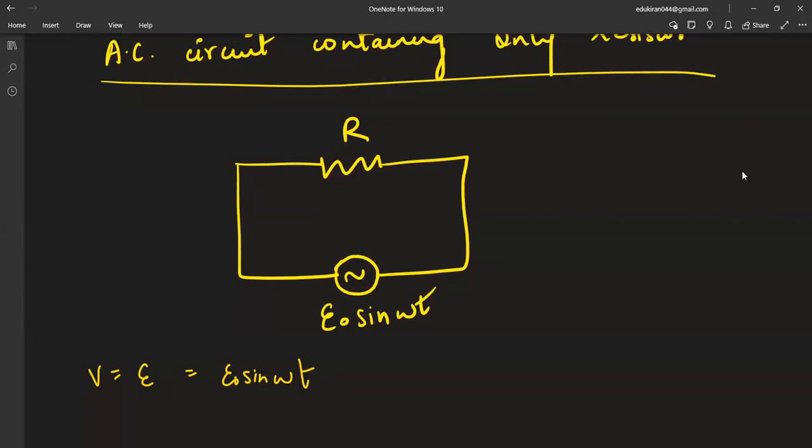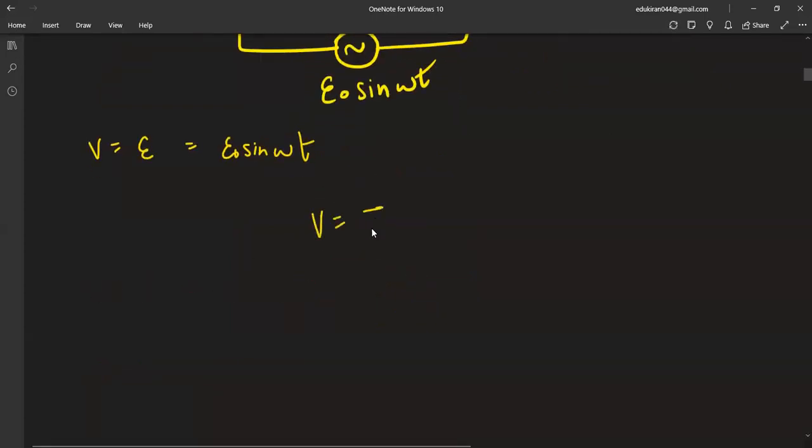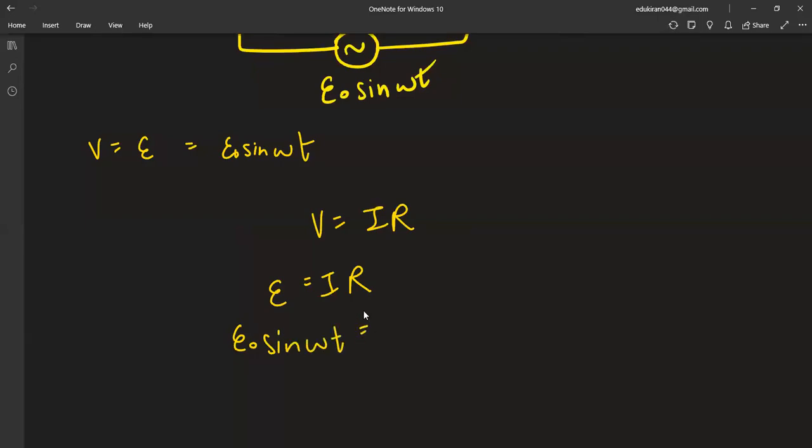Simple. If you had the DC circuit, which law would you have been using? You would have used Ohm's law, right? Ohm's law is V is equal to IR, that is EMF is equal to IR. So E naught sine omega t is equal to IR. So I is equal to E naught by R sine omega t directly.